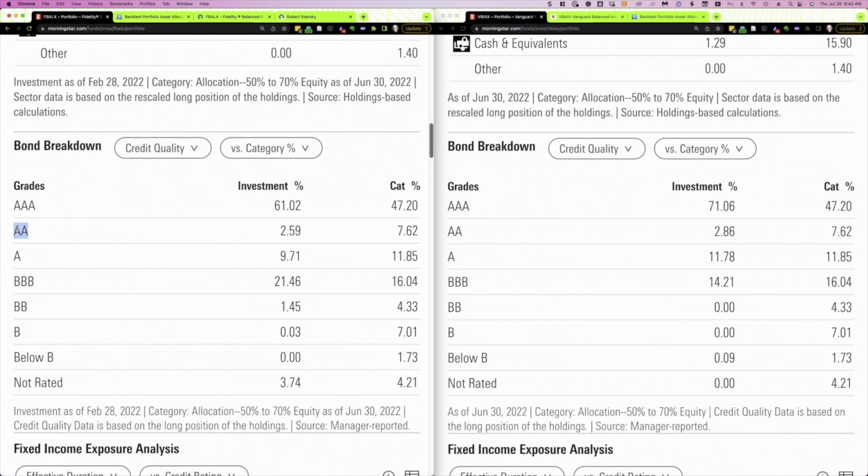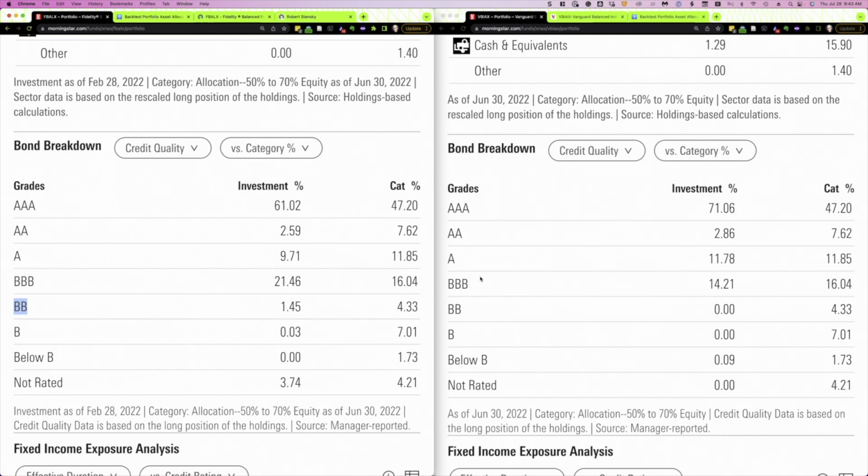As we move down these grades, each step down, the risk of default goes up. When we get to BBB, that's the lowest credit rating that would be considered investment grade. And then below BBB would be junk bonds or high yield. Notice here, there are some significant differences in the bond portfolio. Vanguard has 71% in the AAA, Fidelity just 61%.